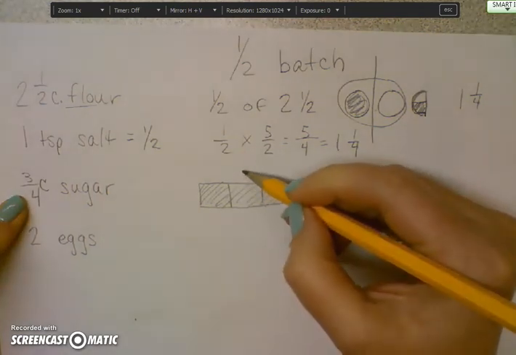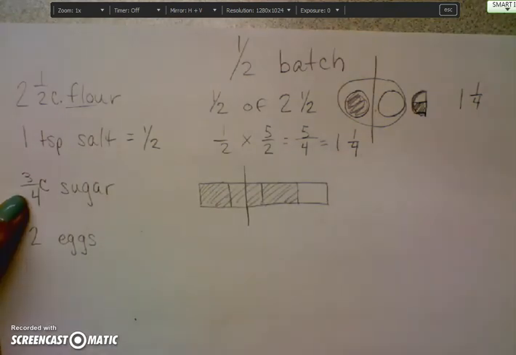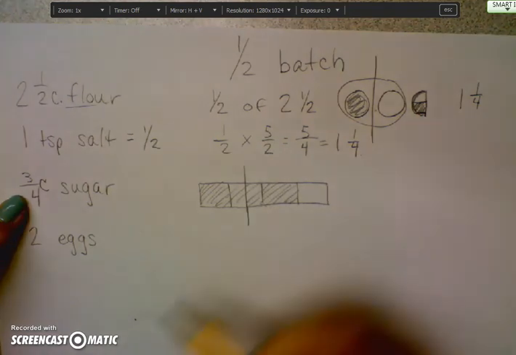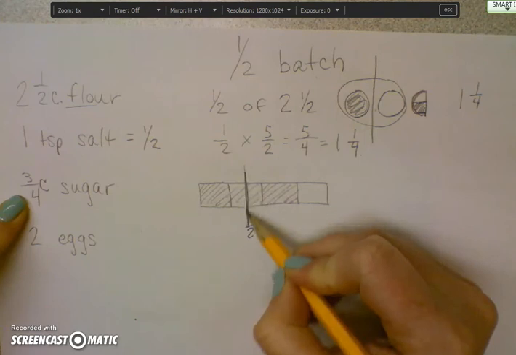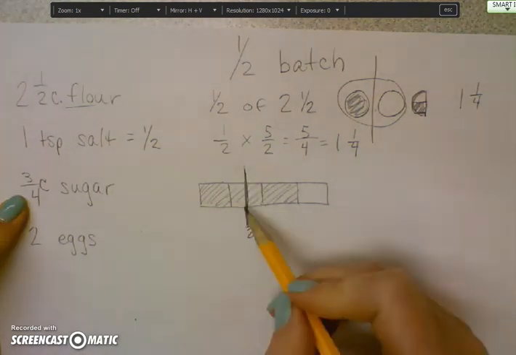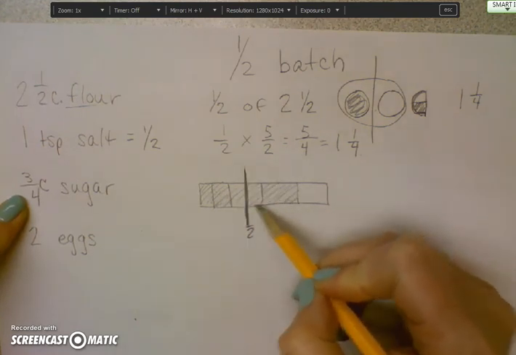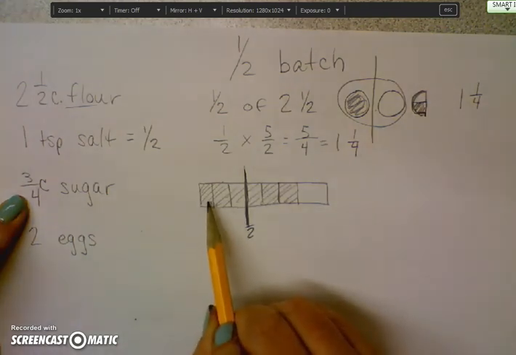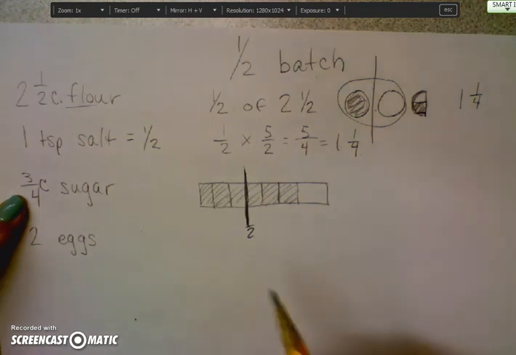If I cut it in half, half would be right about here. So I need to know how big this is. This is my halfway mark. It looks like I can use eighths and measure this out in eighths and say that ½ of 3/4 is 3/8.